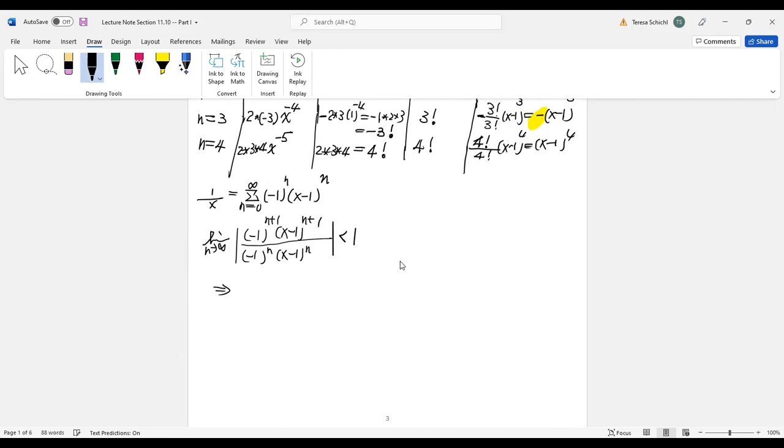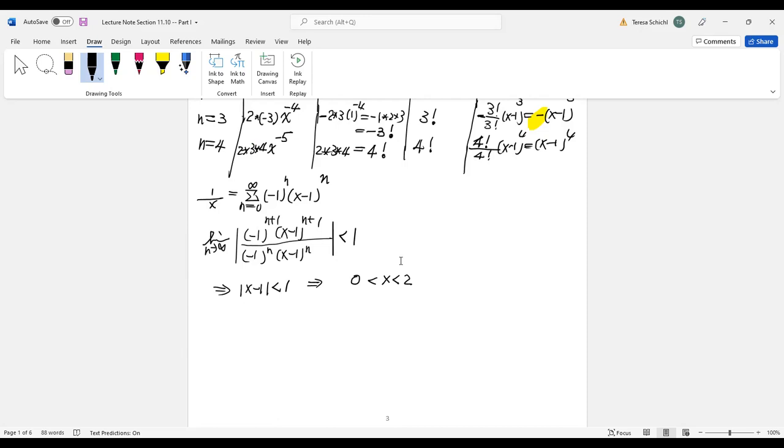Now we can see this cancels, so it will be |x - 1| less than 1. That means x is less than 2 and greater than 0.